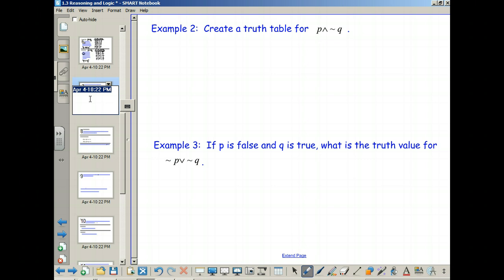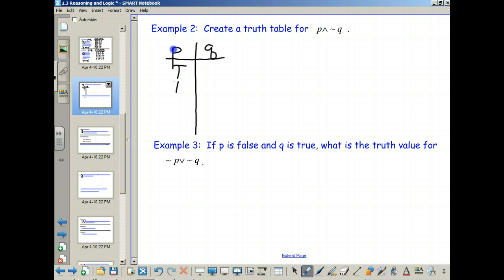So, truth tables always start the same way, and in some of the problems in your book, they start them for you with some columns, but they always start with the columns P and Q. And just so that we're all on the same page, because it makes it easier for me to interpret your work, if everybody always does the same pattern, it'll match the pattern of the book as well, so it'll make it easier for you to check your work.